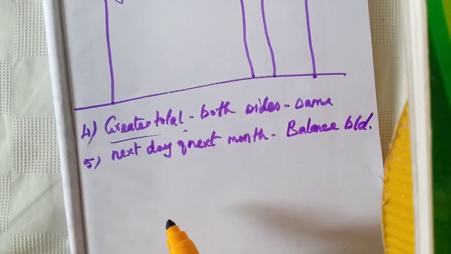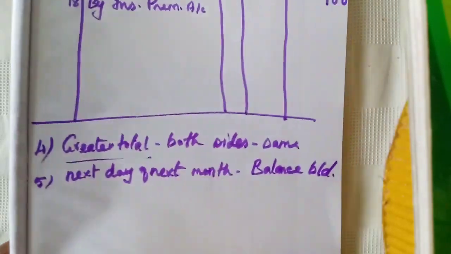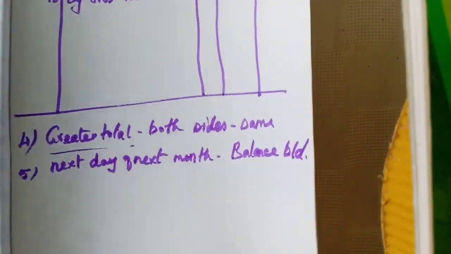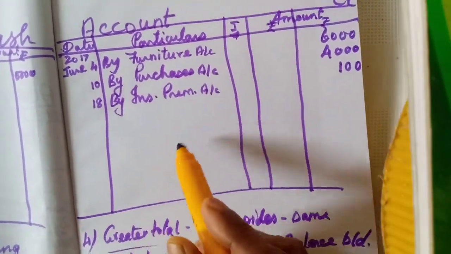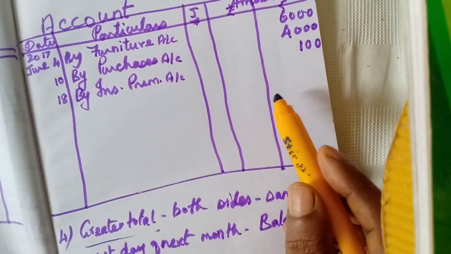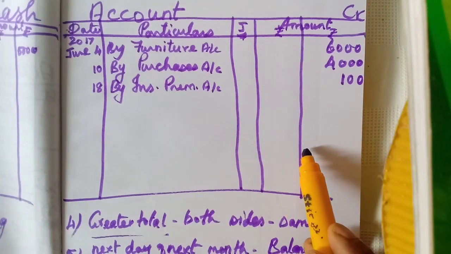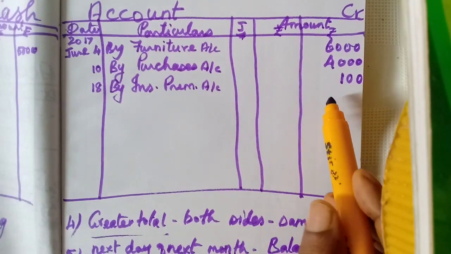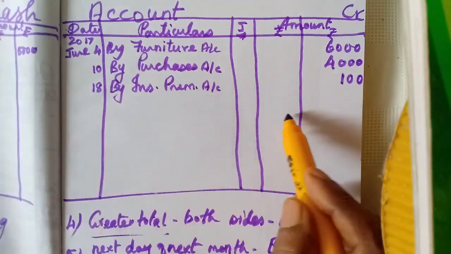Okay, this one we will do in this problem, in this cash account, how to close the account. Balancing the account. This cash account I will show how to close it. See, first you have to total the greater side. Okay, the greater side you leave, and on the lesser side only we should write one line.